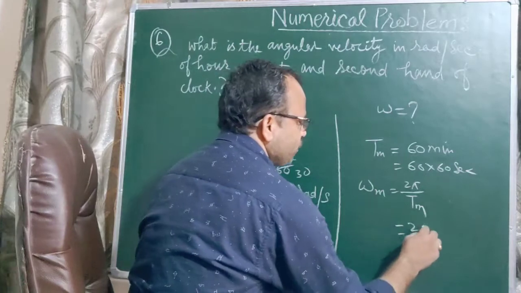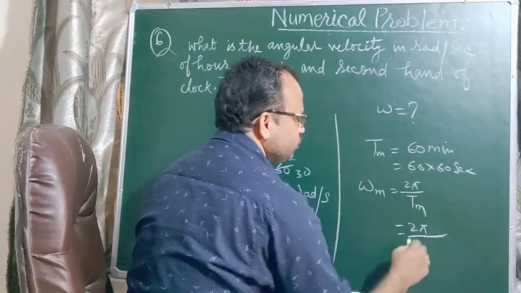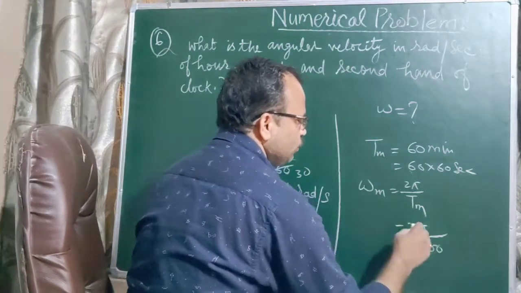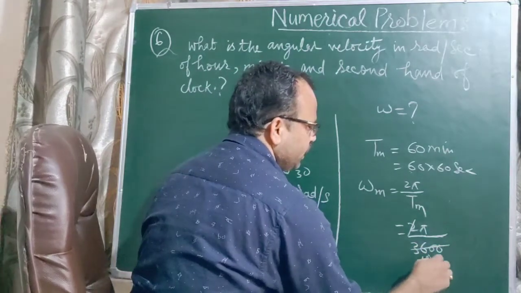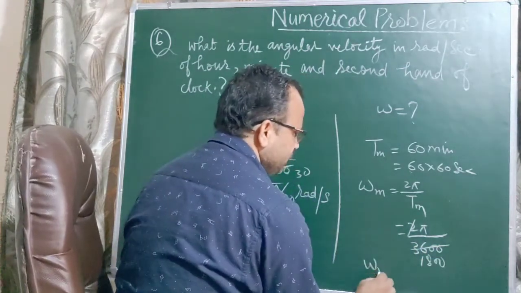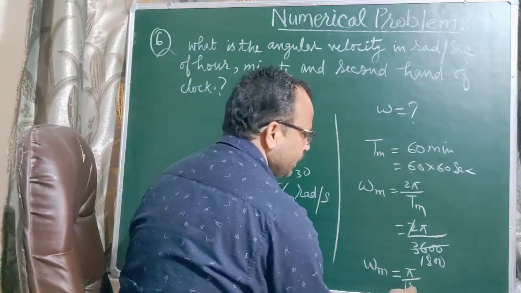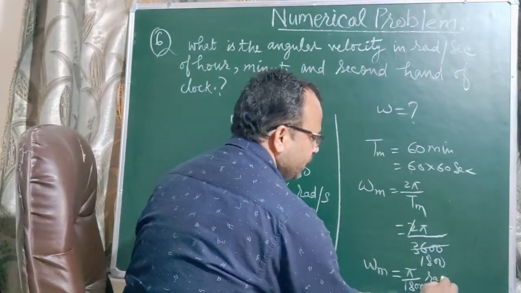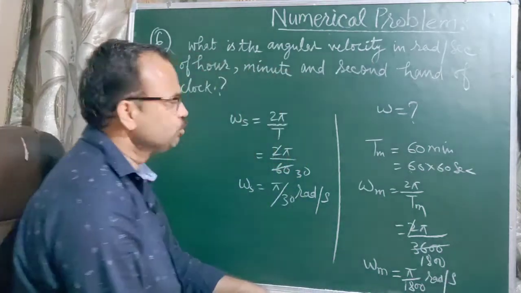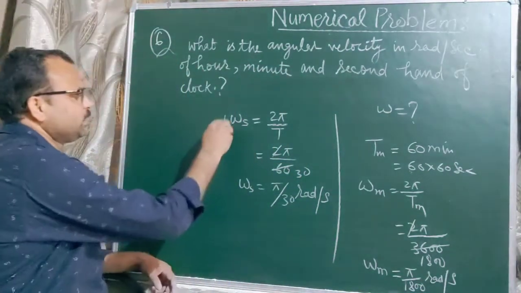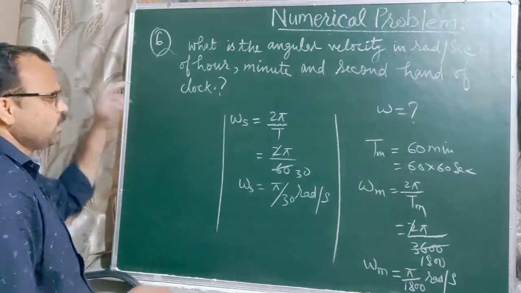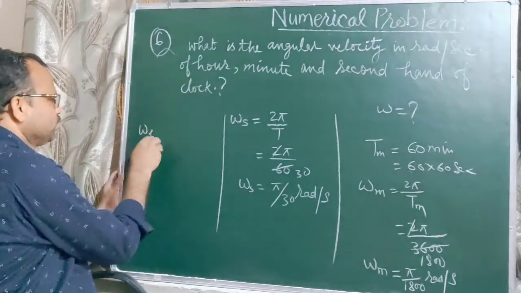So 2π upon 3600. Okay, so 2 cancel, 1800. So the angular velocity of the minute hand will be π upon 1800 radian per second.